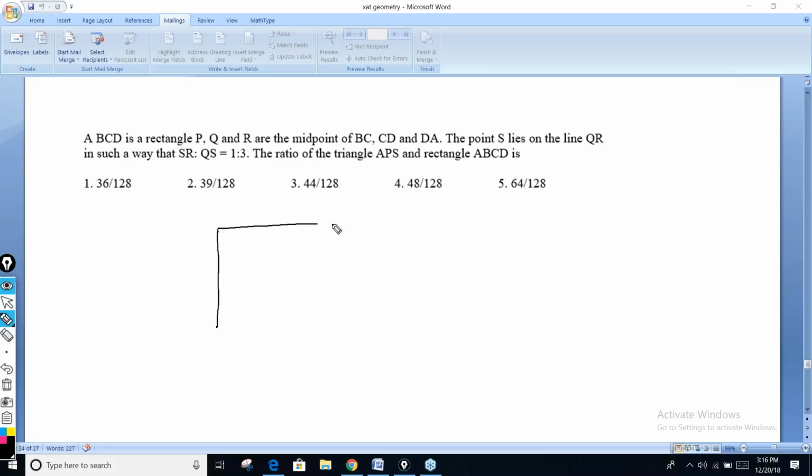Now this is a good question. The point S lies on the QR.